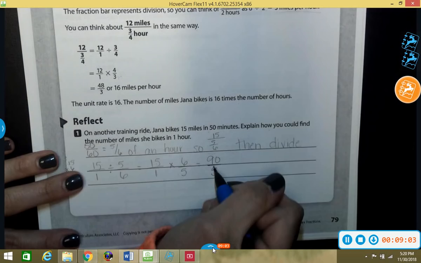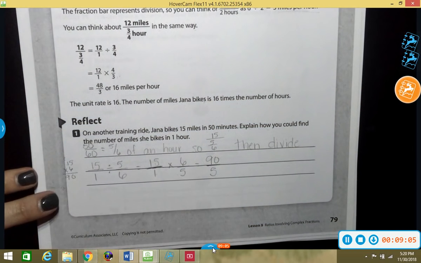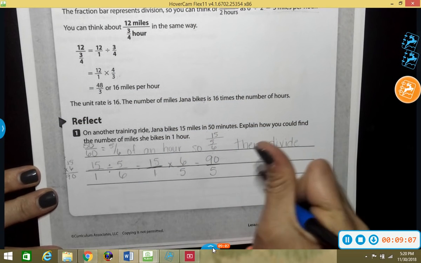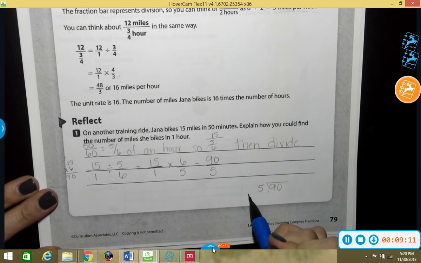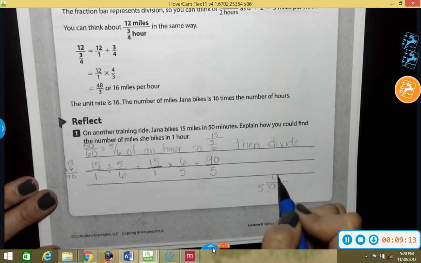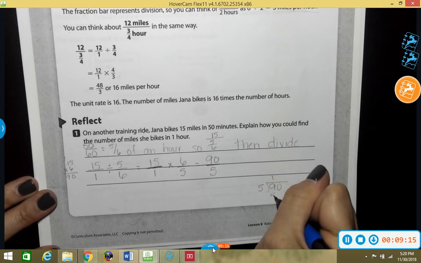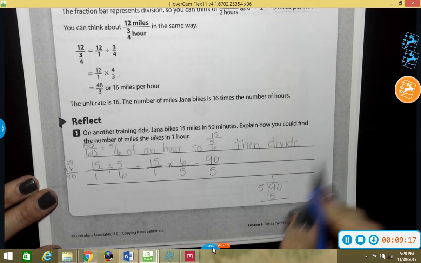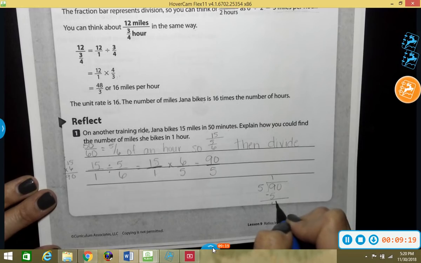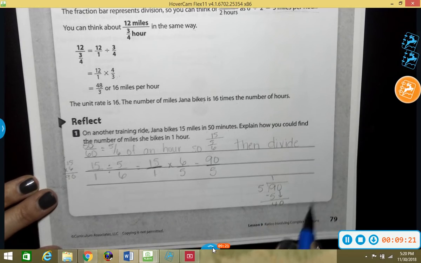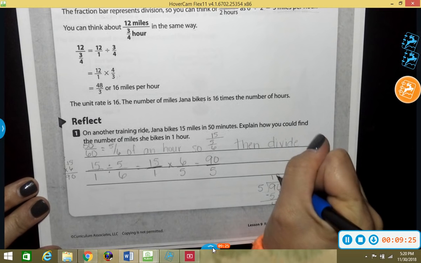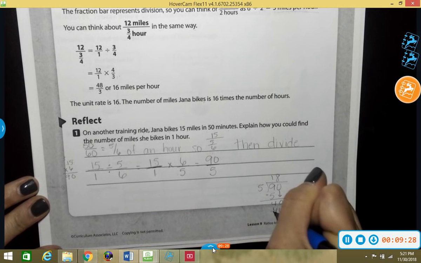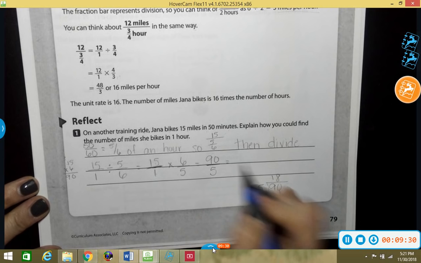Again, these are all fractions. So you have 90 divided by 5. 5 will go into 9 one time. 1 times 5 is 5. You subtract those. 9 minus 5 is 4. Bring down your 0. 5 will go into 40 8 times. 8 times 5 is 40. Again, all of this is review.